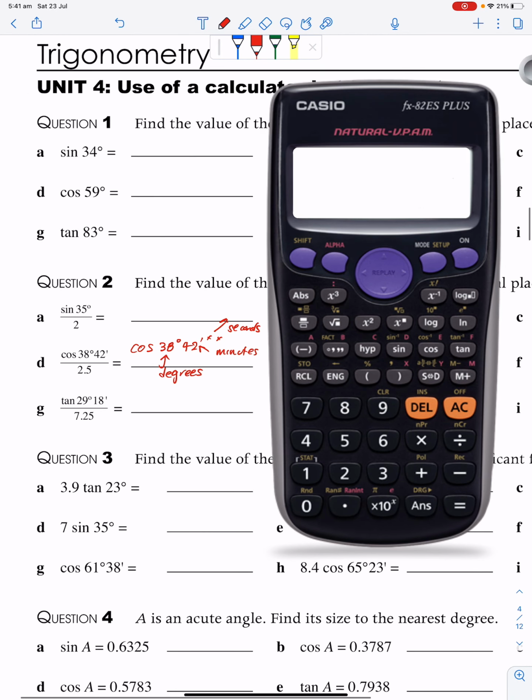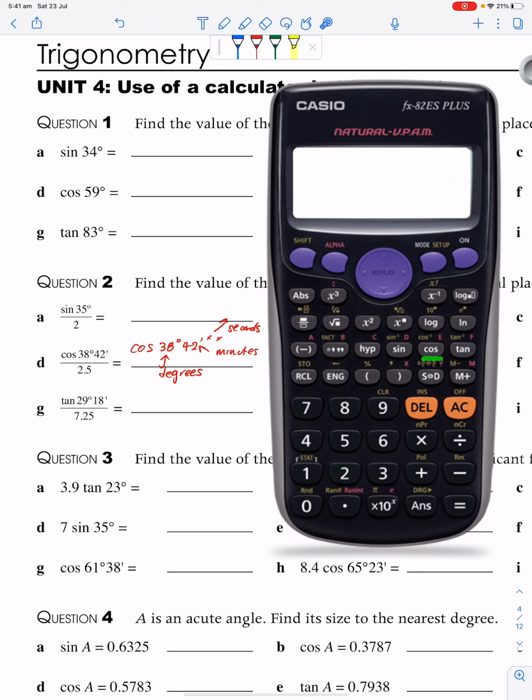So, what you're going to punch into the calculator here is cos 38. Now you must press this button now. Right? So cos 38 degrees, you must press it because you're going to have another number afterwards. And then you're going to press 42 and press that button again. Let me repeat that.